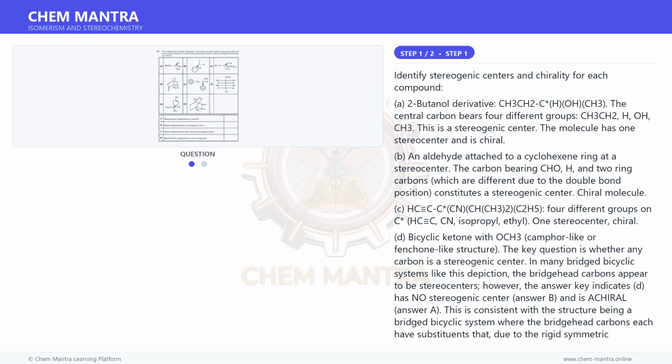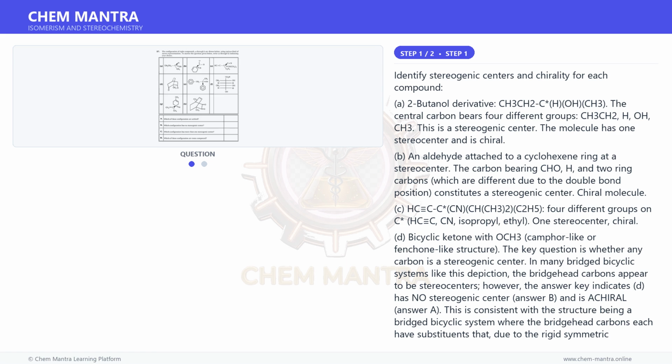However, the answer key indicates D has no stereogenic center, answer B, and is achiral, answer A. This is consistent with the structure being a bridged bicyclic system where the bridgehead carbons each have substituents that, due to the rigid symmetric framework, are not truly stereogenic, or the molecule possesses a plane of symmetry making it achiral with no true stereocenter by CIP rules in this specific framework. The molecule is achiral and has no stereogenic center.